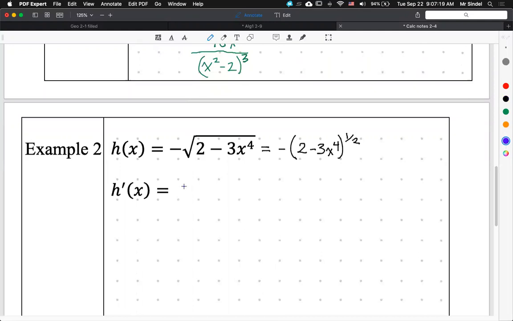Would that be negative 1/2 times 2 minus 3x to the 4th? Negative 1/2. There it is. There's our Doubter. Andrea, can you do the dinner for us, please? Negative 12x to the third.